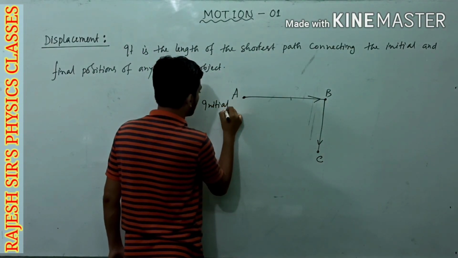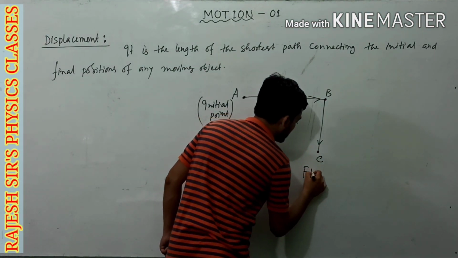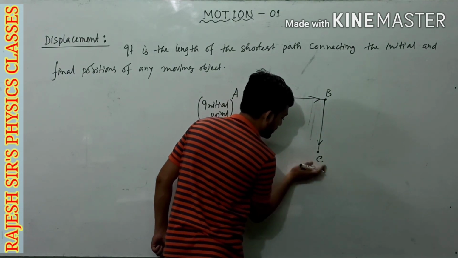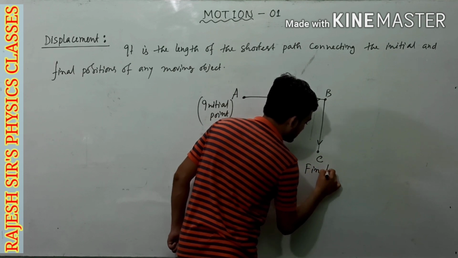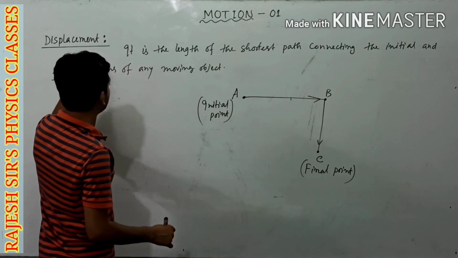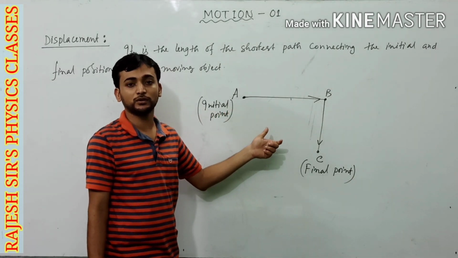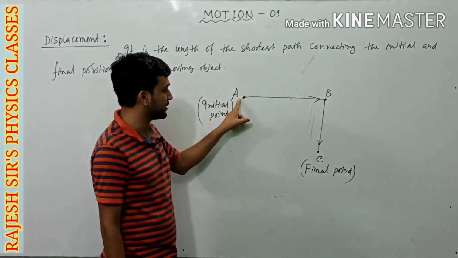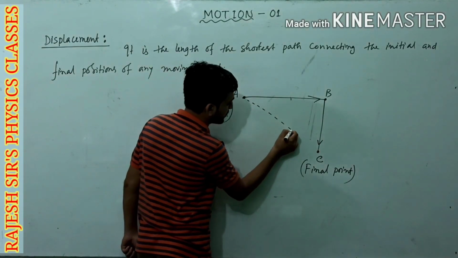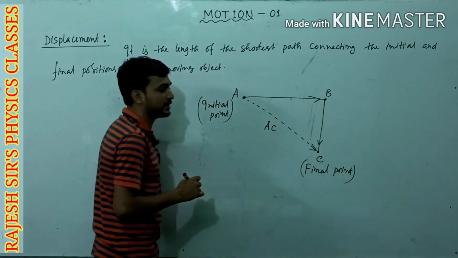Its initial point or starting point is A and the final point is C. Now displacement is the length of the shortest path connecting the initial point and final point. So what will be the length of the shortest path? This is the length of the shortest path. So AC is the displacement.